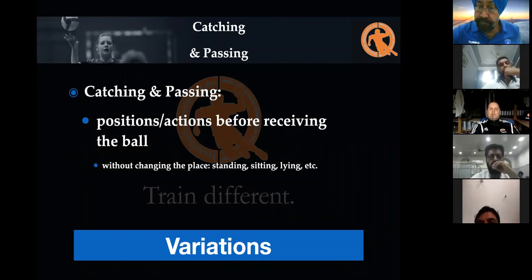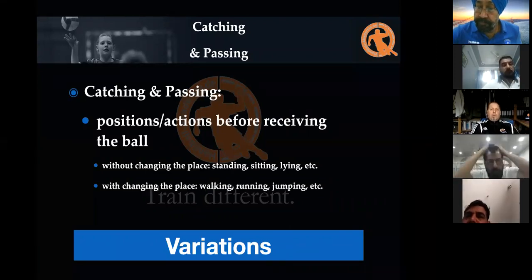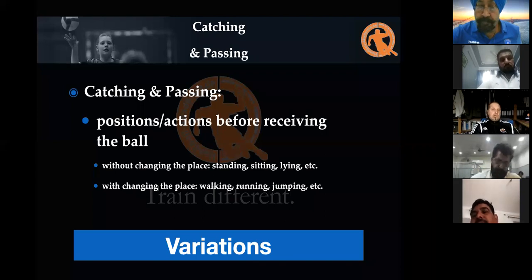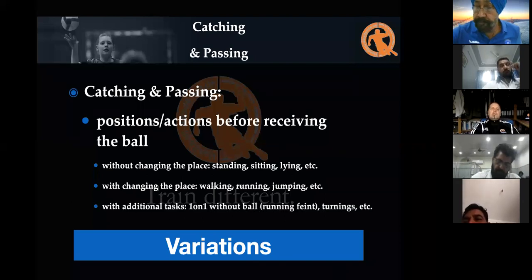because they don't move. But as you can imagine, we want them to change the place. We want to do this in a slower way, like walking. We want to do this while running or while jumping. And the more dynamic it gets, the more demanding it will be. And then we can add some special tasks on that, additional tasks.